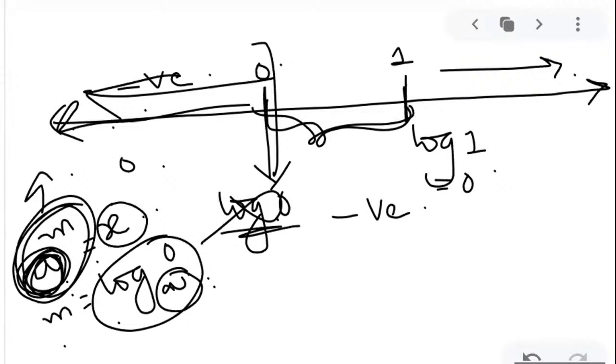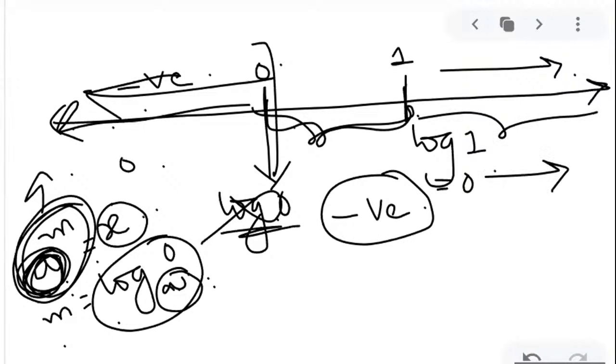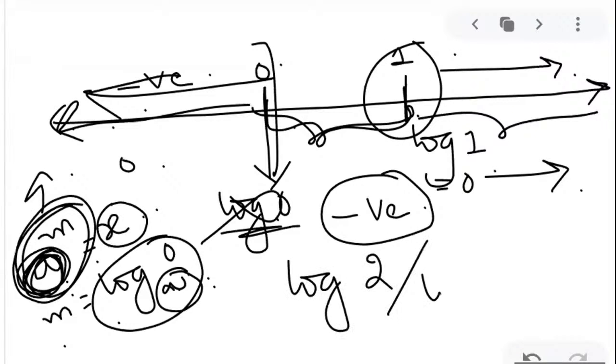So from here to here, all the logarithmic values are negative. From 1 onwards, all the logarithmic values are positive. All right. So except for log 1, nothing else is 0. So if you have something like log 2 by log 2, you can cancel it off, because both are non-zero numbers.